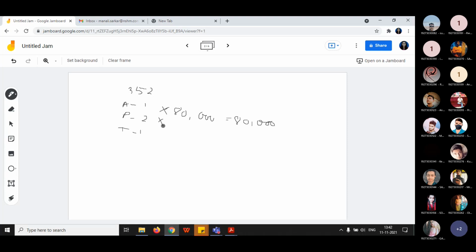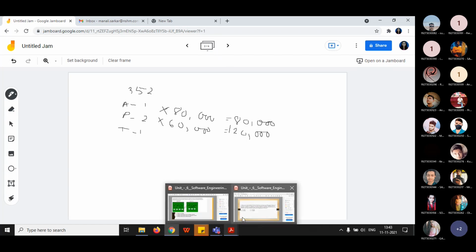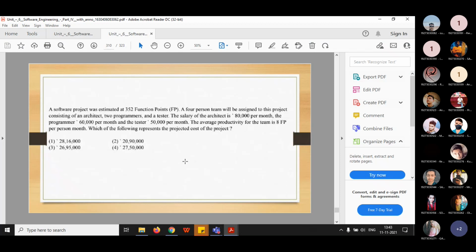So 2 into 60,000, which is 1,20,000. Tester salary is 50,000.